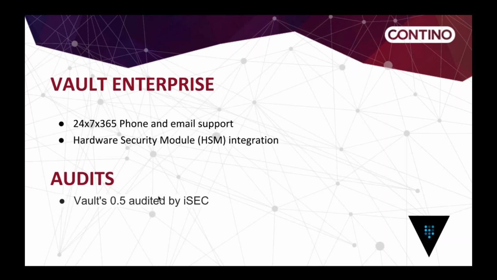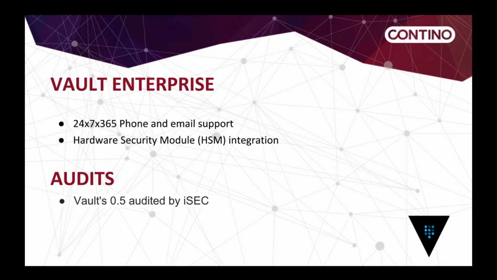Vault also comes with an enterprise edition, which means you can get 24/7, 365 support from HashiCorp themselves. Vault also directly integrates with Atlas, which we spoke about before when we were talking about Terraform Enterprise.